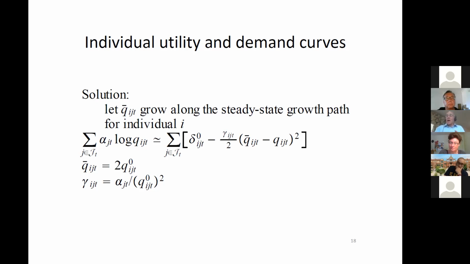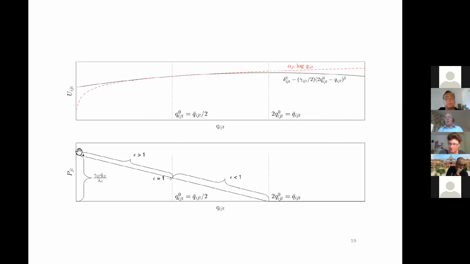So I'm going to have quadratic preferences with the baseline preference parameters growing along the steady state, the way they would if you had logarithmic preferences. And I'm going to claim the best of both worlds with this. So it's basically the log preferences are there in red, and a quadratic approximation is there in black.